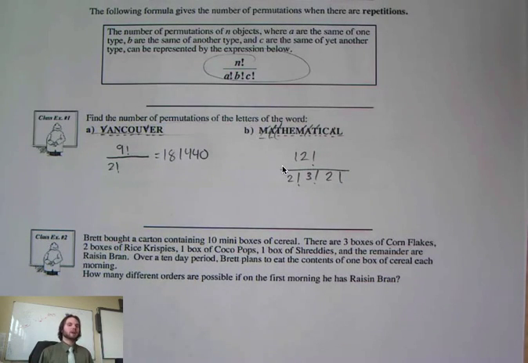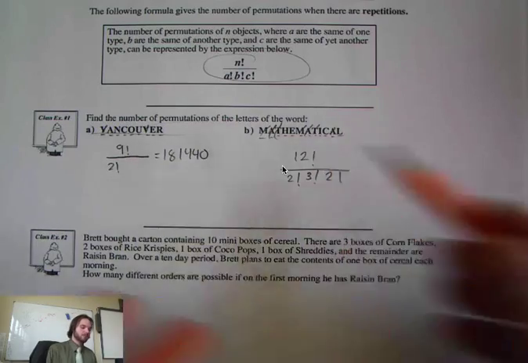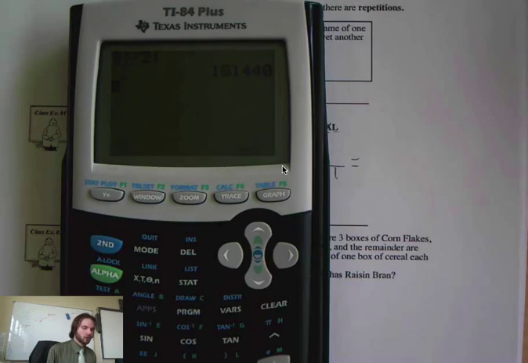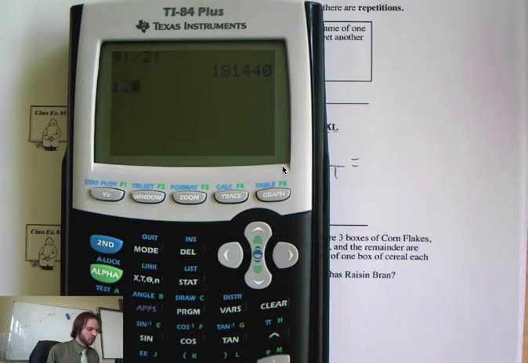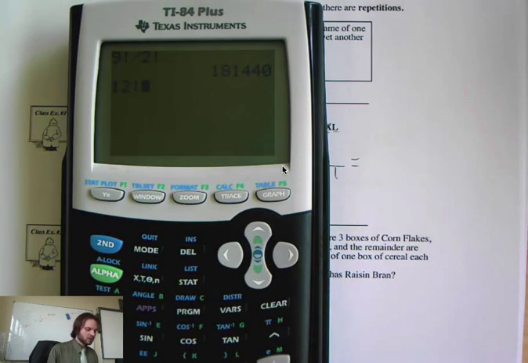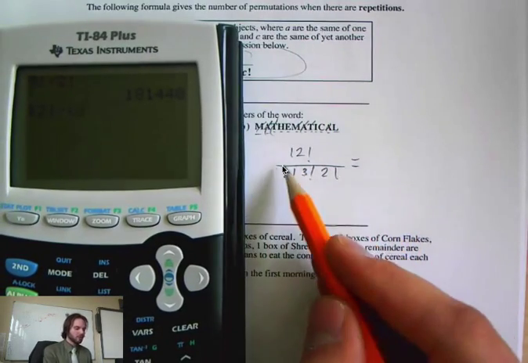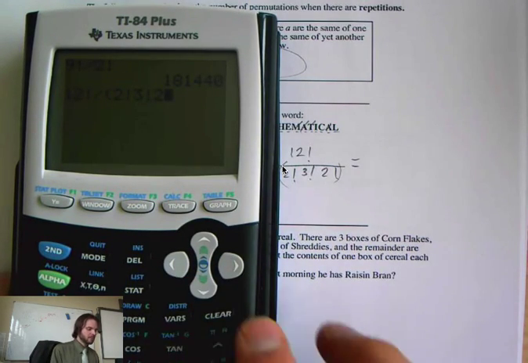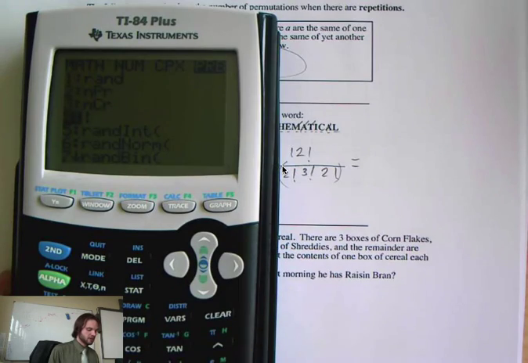So we don't have to look at it, and it's not that long and complicated, it's just this. That's it. So when I plug that into my calculator, I'm going to have to go 12 factorial, and we're going to divide it all by all of this here. We want all of that. So I have 2 math over factorial, and we have 3 math over factorial, and I have 2 math over factorial bracket.